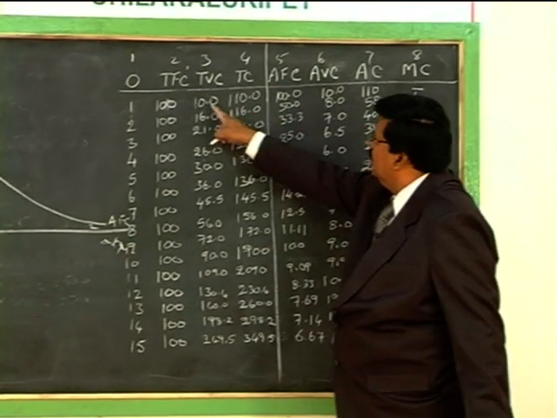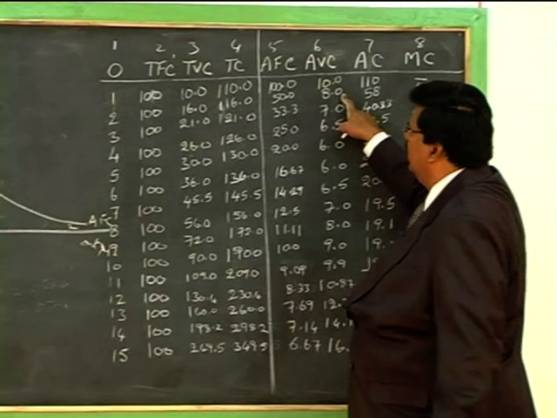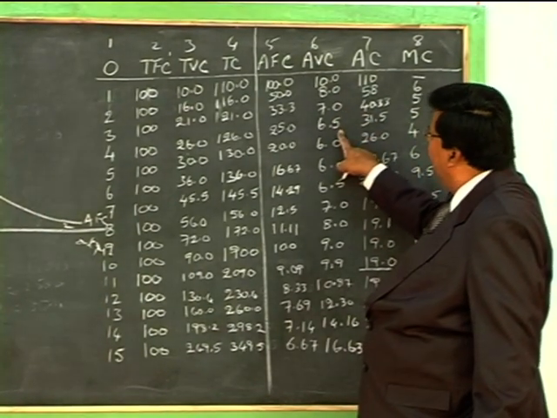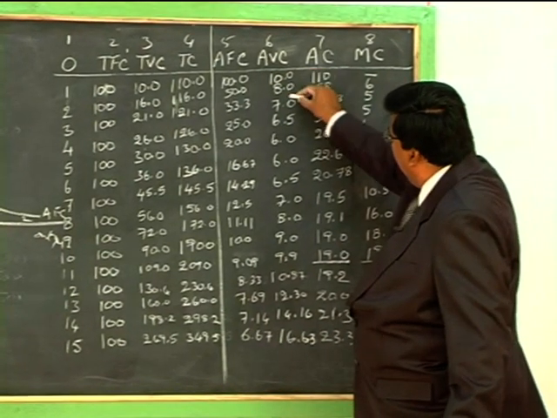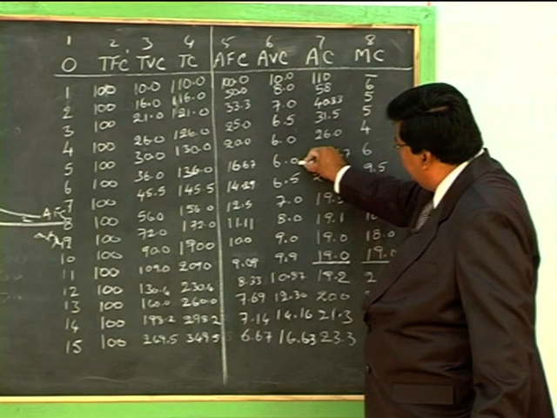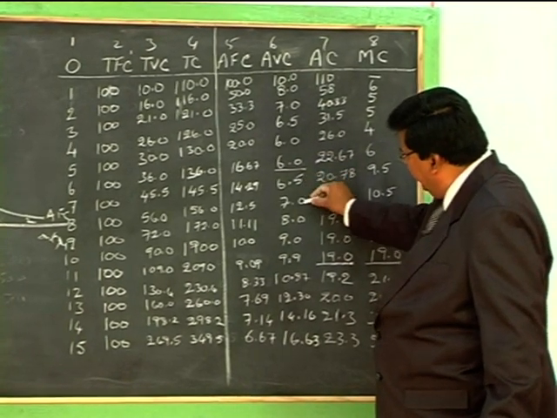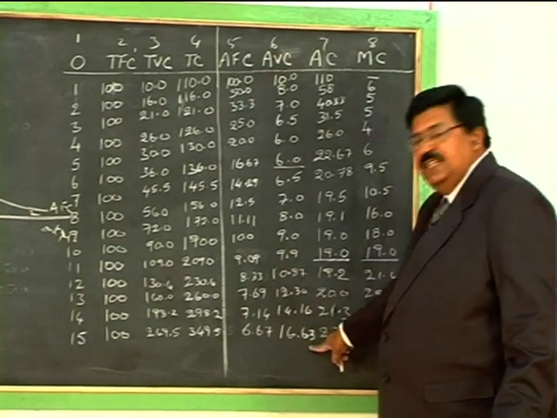Total variable cost: 10 by 1, 16 by 2 is 8, 21 by 3 is 7, 26 by 4 is 6.5, 6, and so forth. So it declines, 10, 8, 7, 6.5, 6, up to this. It declines, reaches a minimum and then increases: 6.5, 7, 8, 9, 10, 12.3, 14, 16.6.